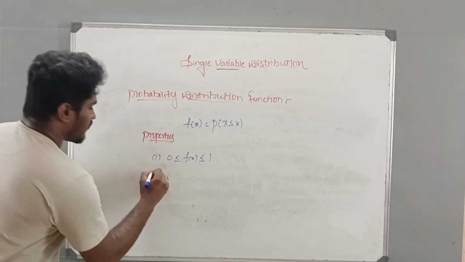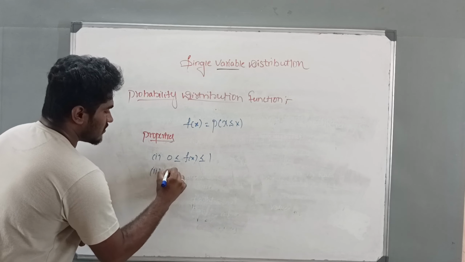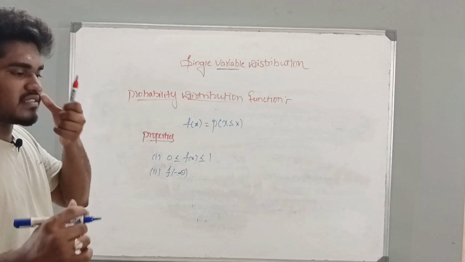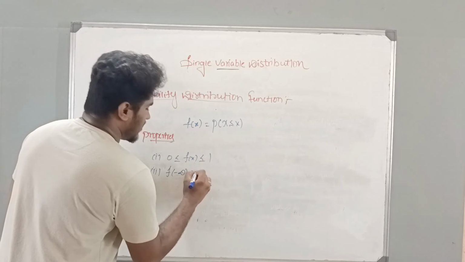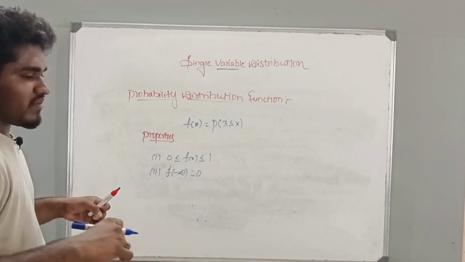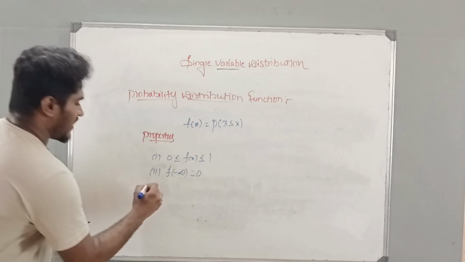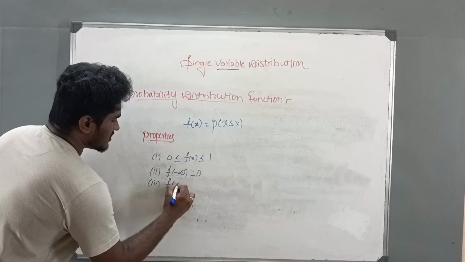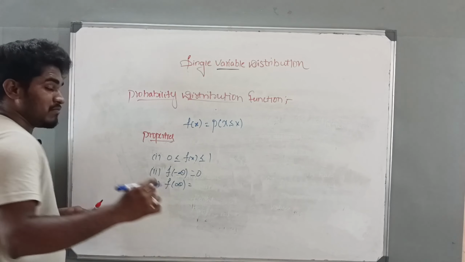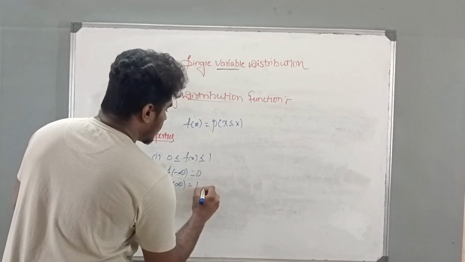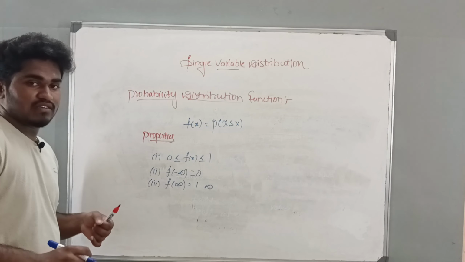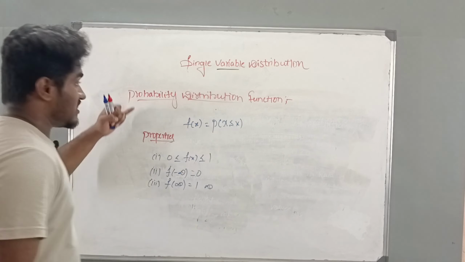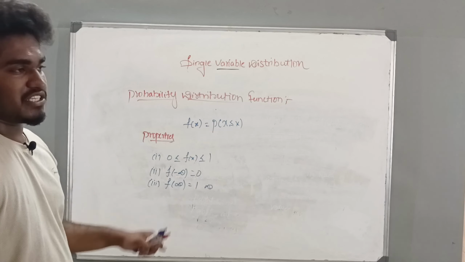So f of minus infinity, for negative infinite values, is going to be 0. For positive infinite values, it might be 1. These are the three properties of the probability distribution function.